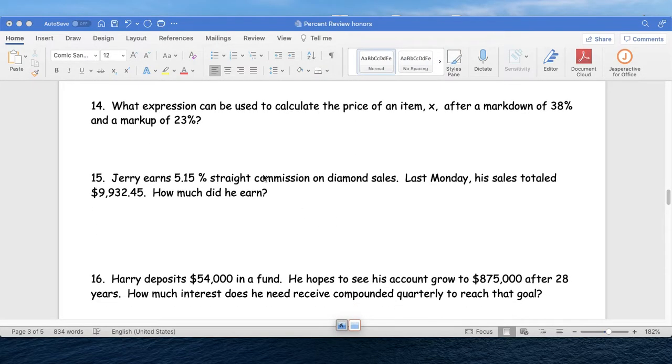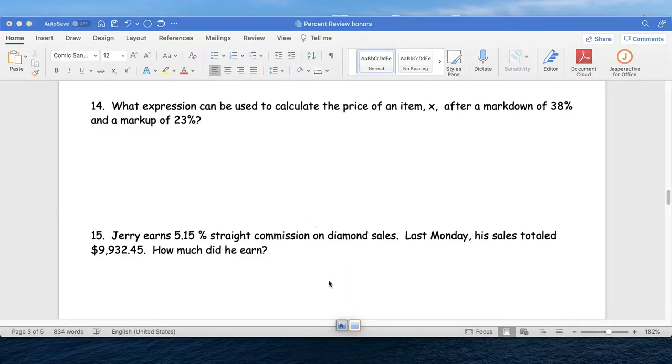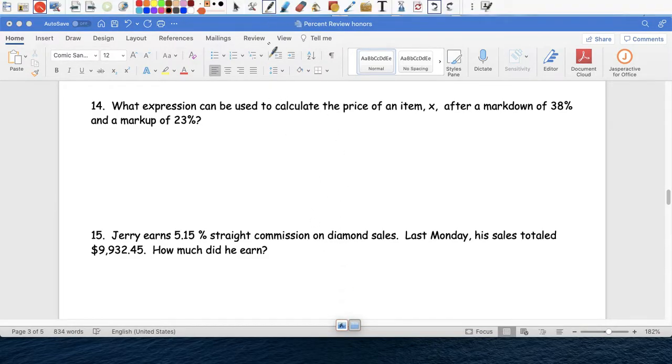14. What expression can be used to calculate the price of an item X after a markdown of 38% and a markup of 23%? So you're buying something and it's this much in dollars. It goes through a discount. So if it's marked down 38, if from 100% you take 38, you're responsible for 62%.